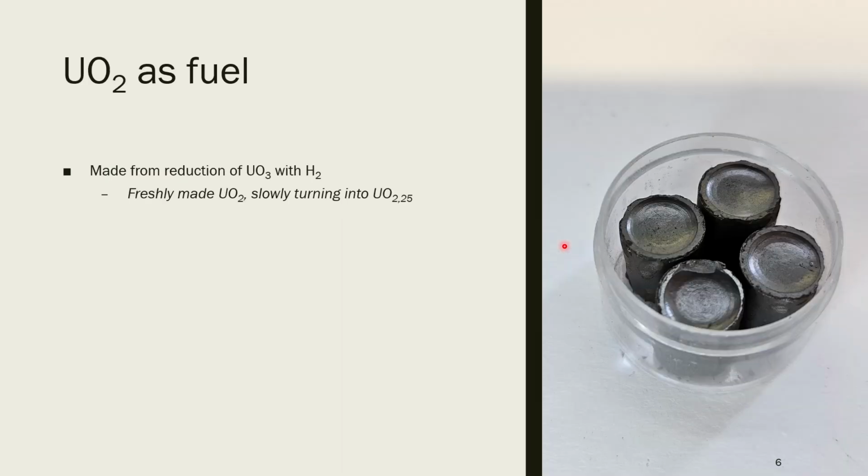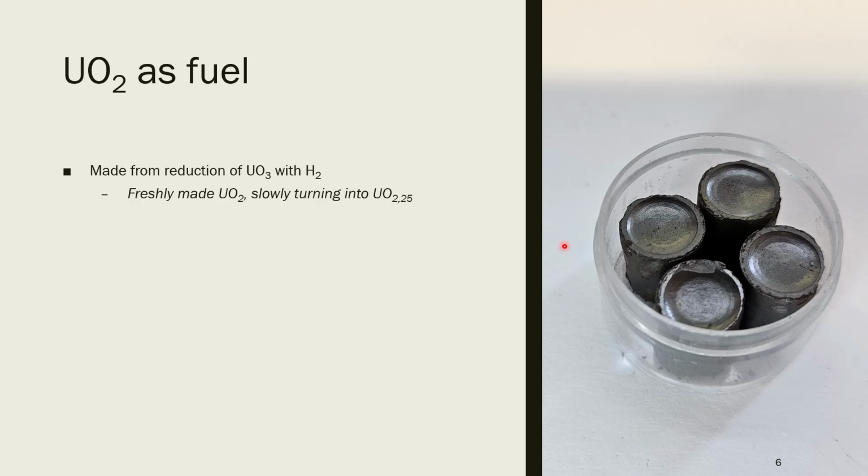So, uranium dioxide as a fuel. You're going to start with uranium trioxide, enriched in the context of nuclear fuel, because you started with the uranium hexafluoride, enriched, passing through ammonia solution, making the ammonium diuranate, and then you're going to calcinate it again, making uranium trioxide.